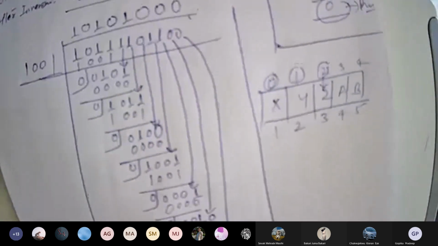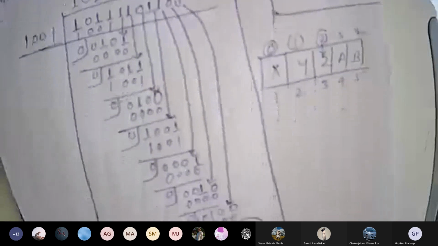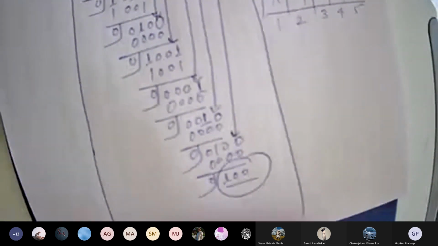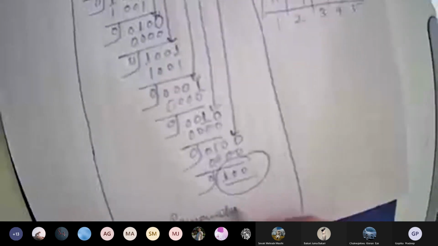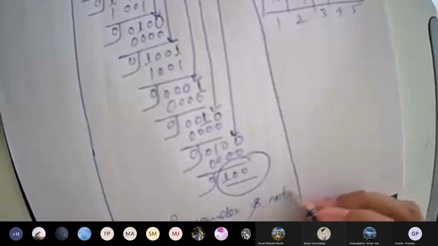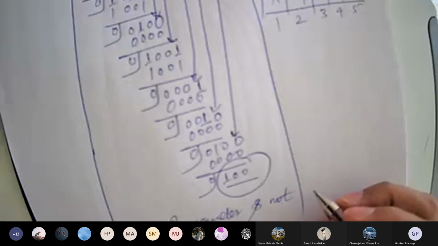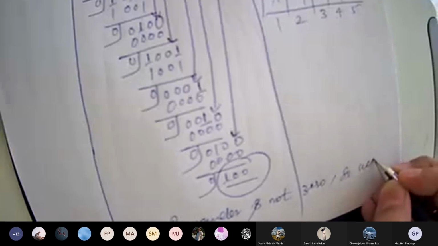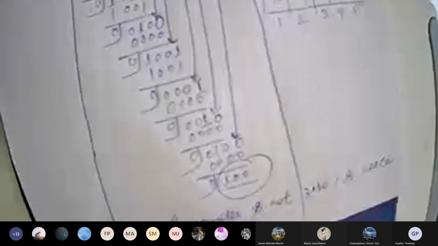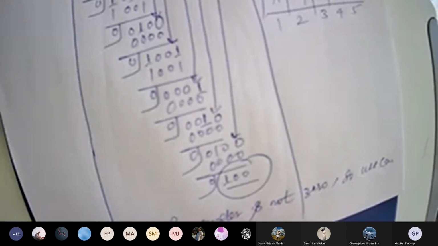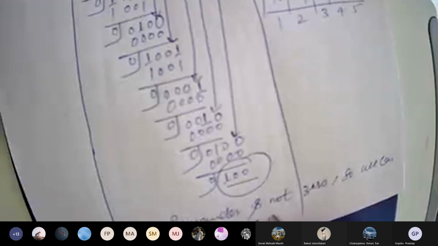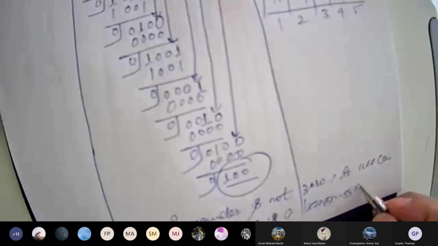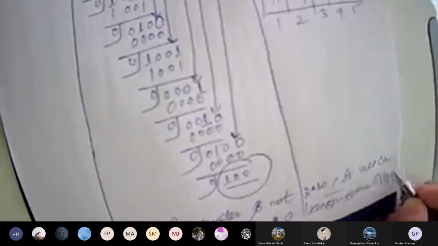Check. So you will write here: since the remainder is not 0, we can say that there is a transmission error.